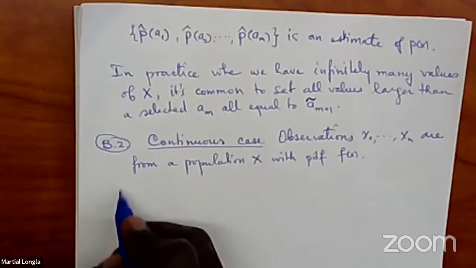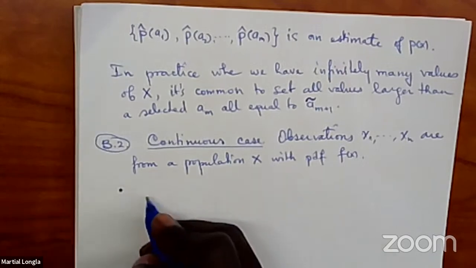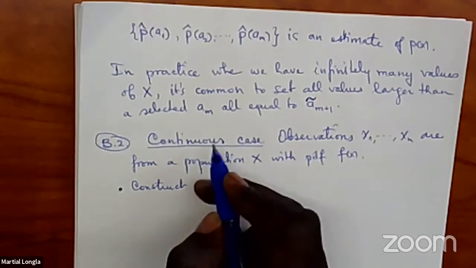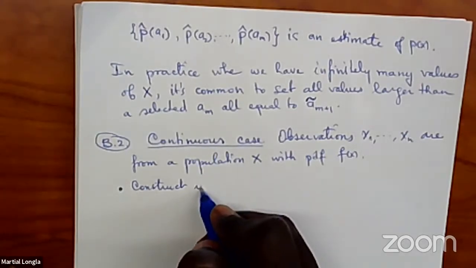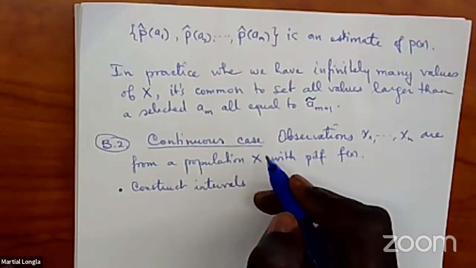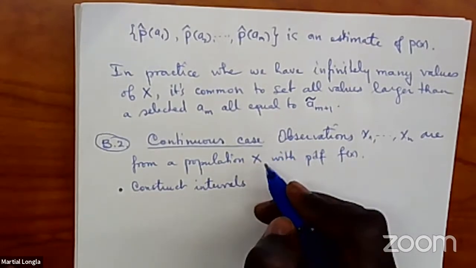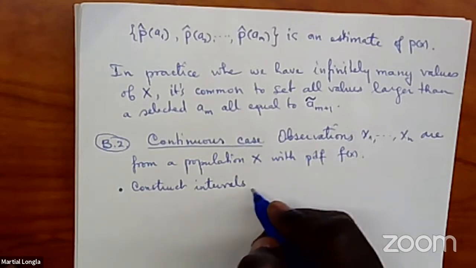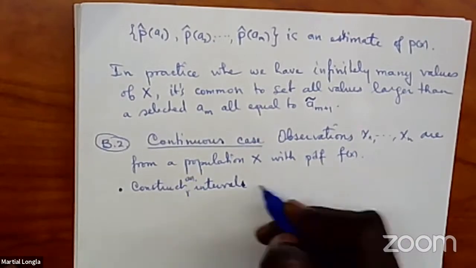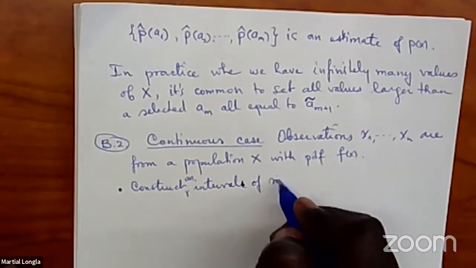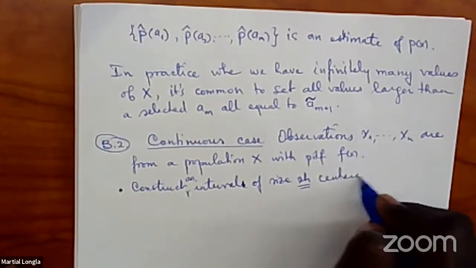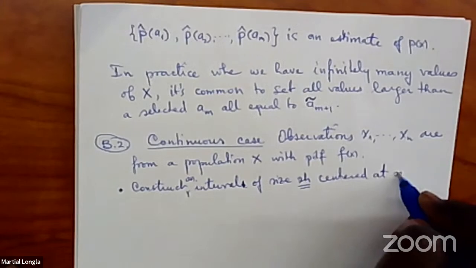So the procedure says, okay, construct intervals. For one x, you construct an interval of size 2h centered at x.